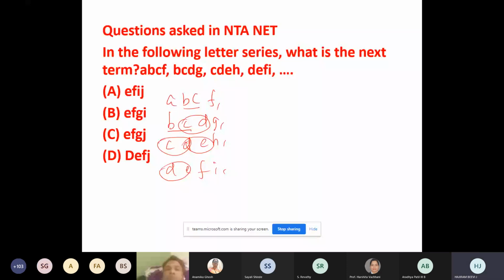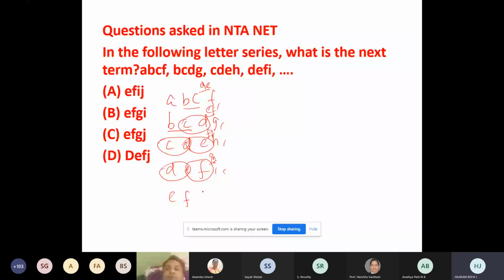So we predicted the first two letters. Now the next one. After ABC, we are having DE. So two letters here: B, C, D, E, F. Here, C, D, E, F, G. So here, F, G, H. So it is a two-letter gap only.